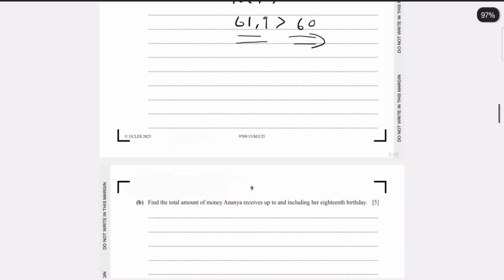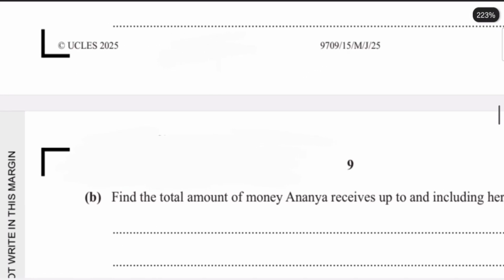Then for part B, it says find the total amount of money that she receives up to and including her 18th birthday, right? And so for this, we have the word total.